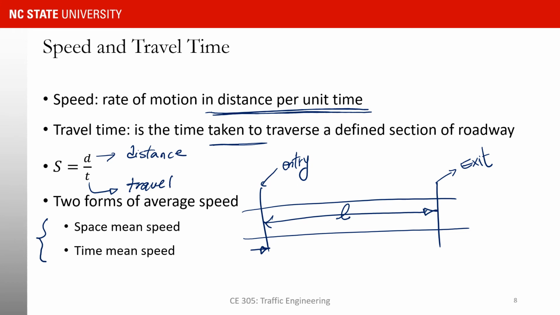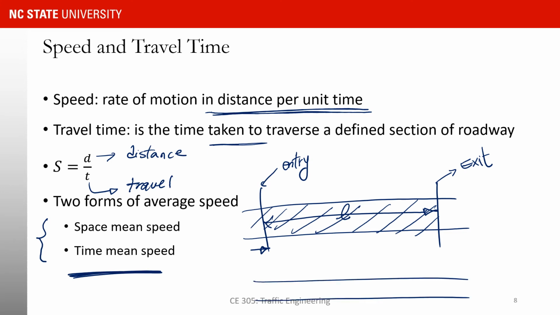So what is key here is that we are doing that measurement over this length. How about time mean speed? So you have your road again, but only at this spot, over an extended period of time, we determine the speed of vehicles.